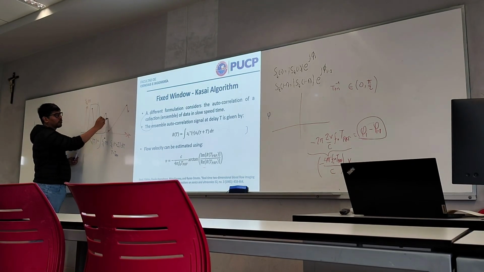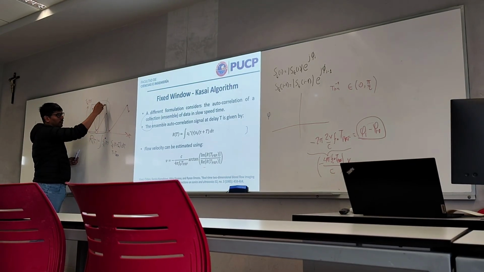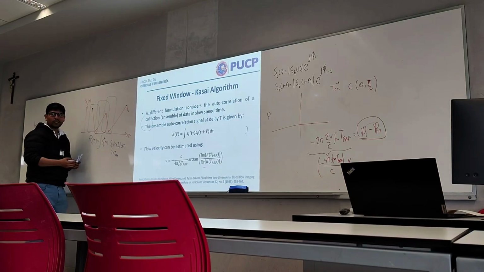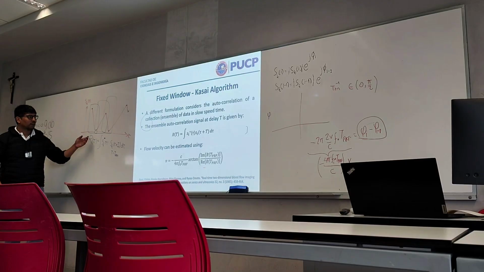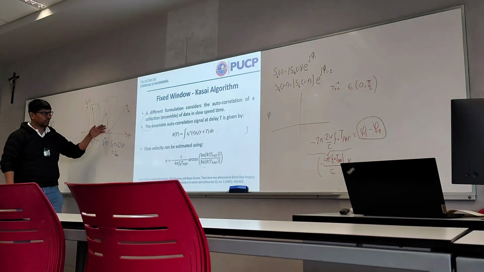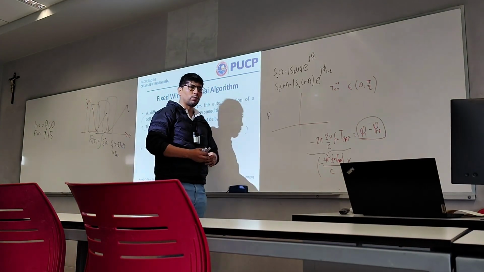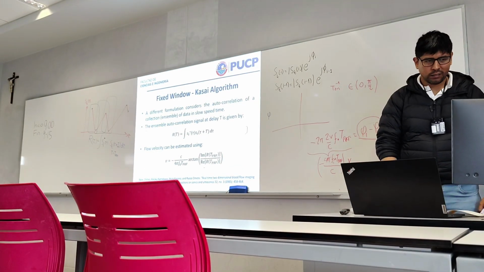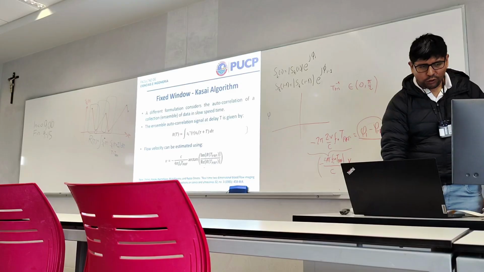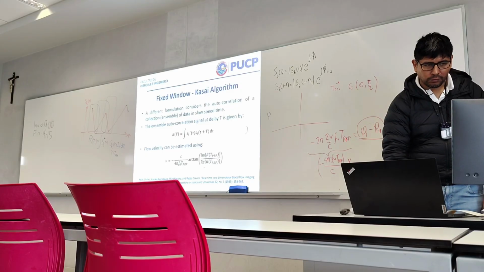Then pulse 3 and pulse 2 and calculate one estimate. And pulse 4 and pulse 3 calculate another estimate, and we say, okay, we can average all those velocities. But here, all the samples in the slow time are used at once, in one operation, with this autocorrelation calculation.